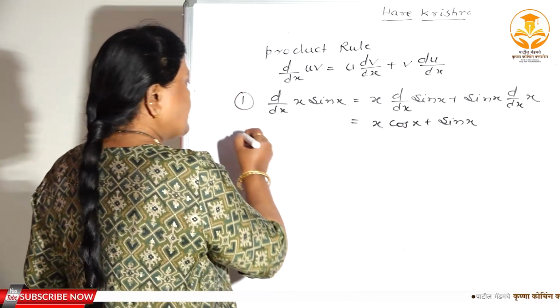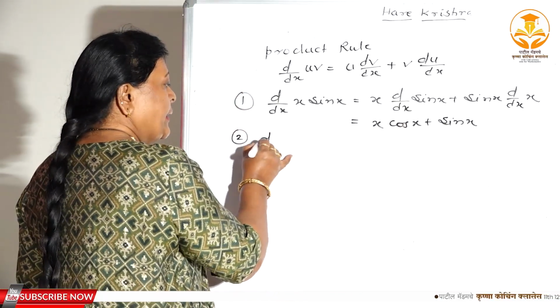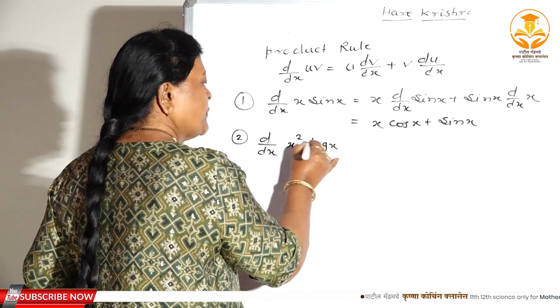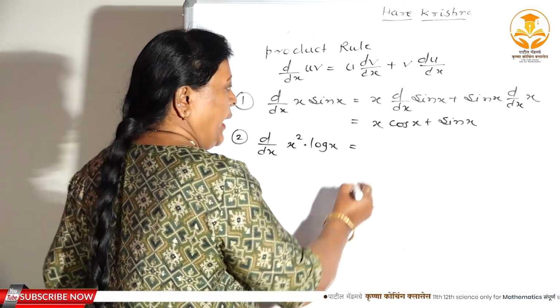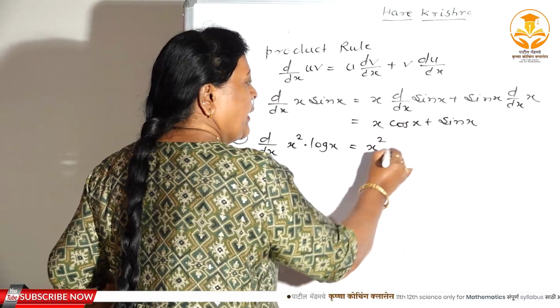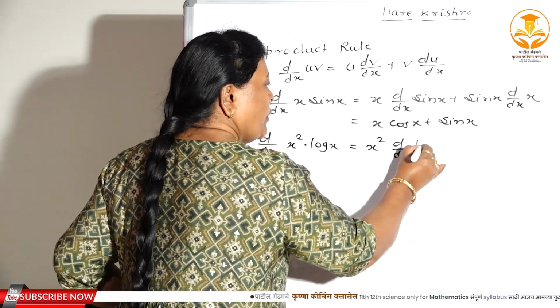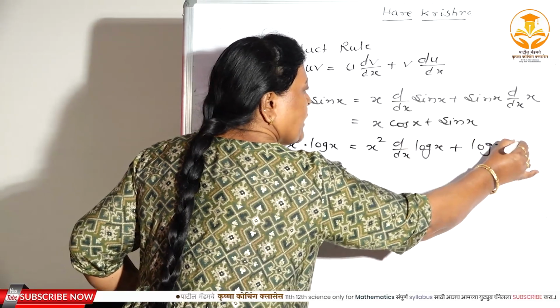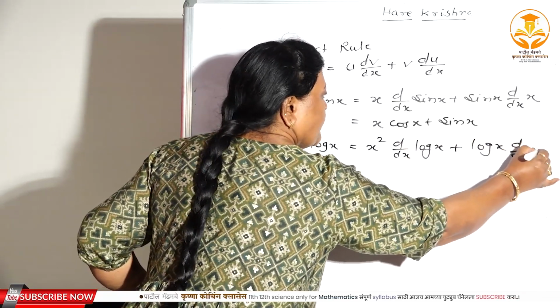Very simple. Second example, suppose I consider d/dx of x square log x, isn't it? Again x square remains as it is. d/dx of log x plus log x remains as it is. d/dx of x square.